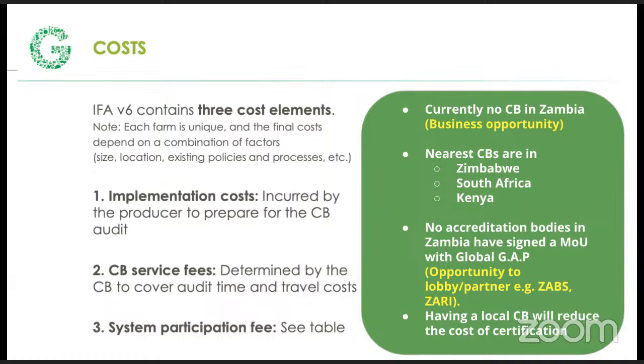On the right side of my slide, you see I call out that currently, and I've been informed that last year there might have been a Zambian player registered as a certification body in the Global Gap system. But when I looked up, as of now, this year, there's nothing from Zambia.